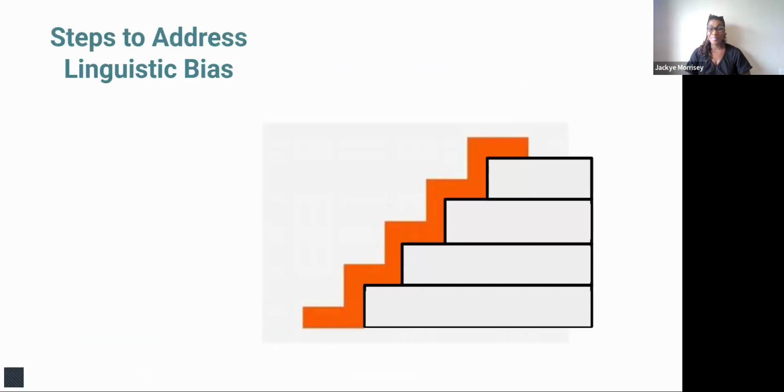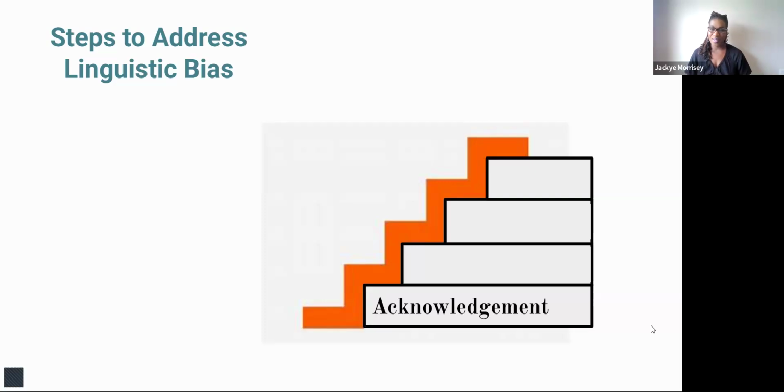So as we begin to close out, I'm going to give you four very tangible steps that we can intentionally take to negate any instances of linguistic bias with our students. They are as follows.